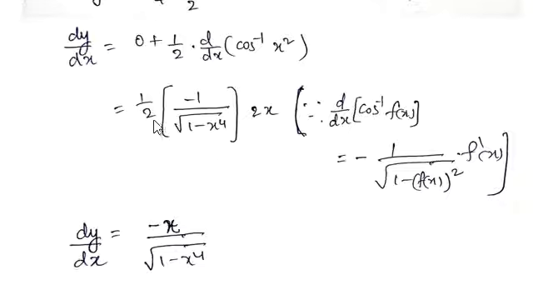So when you simplify here, 1 by 2 is in the denominator and 2 is in the numerator, both cancel, and you can write minus of x by under root of 1 minus x power 4. So this is the dy by dx.